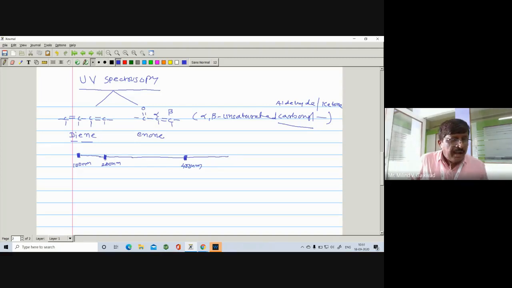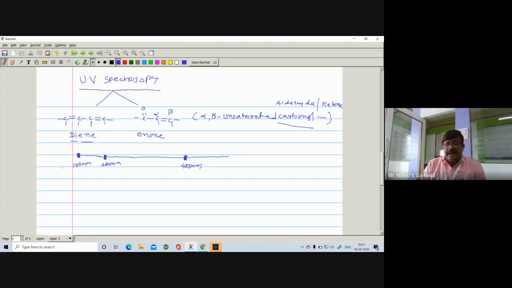We are interested only in the 200 to 400 nanometer range, right? So this is about UV spectroscopy. This 100 to 200 nanometer range we generally use in vacuum ultraviolet spectroscopy.